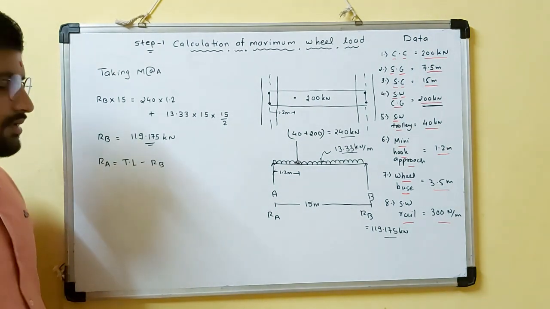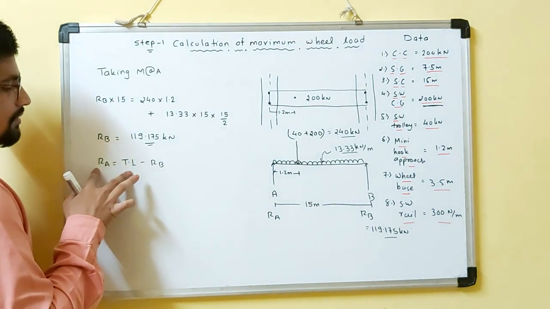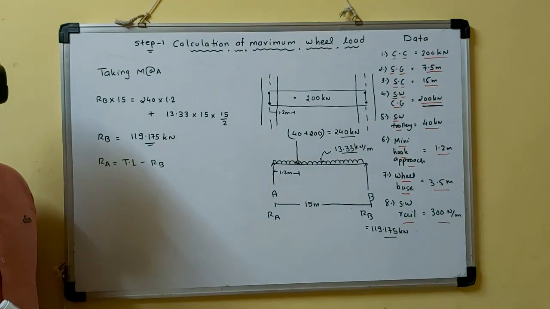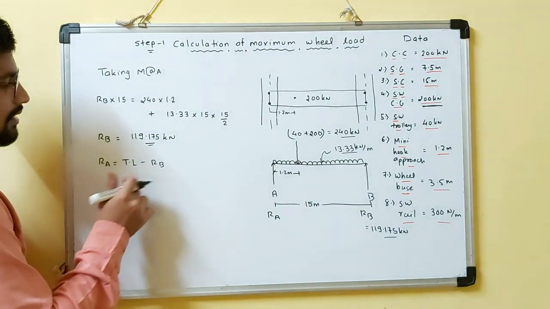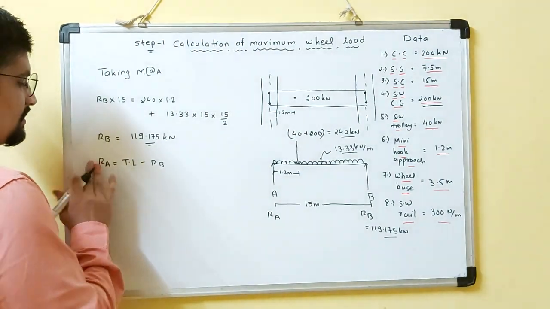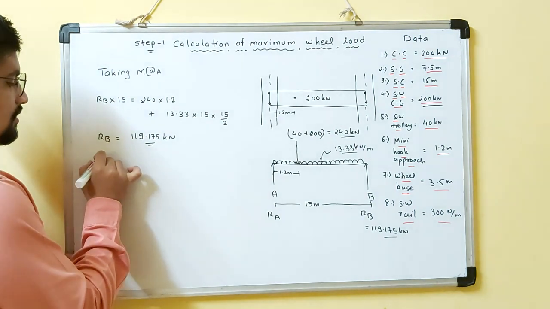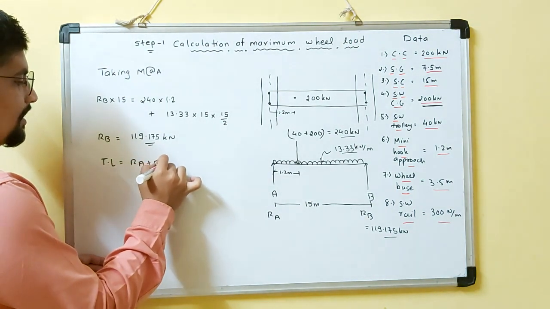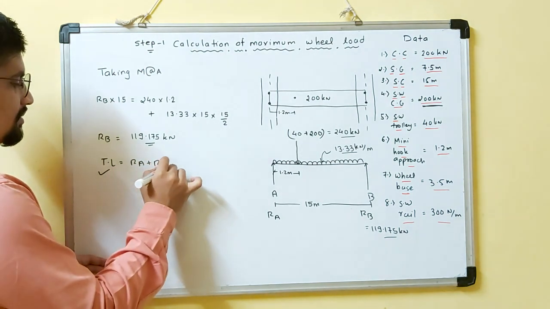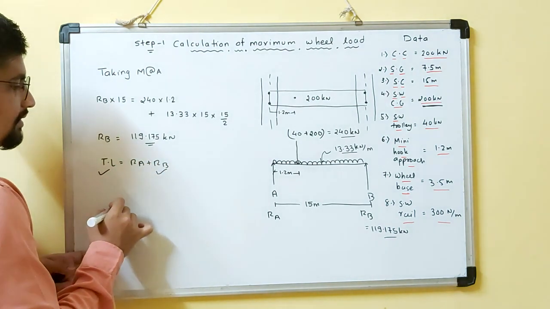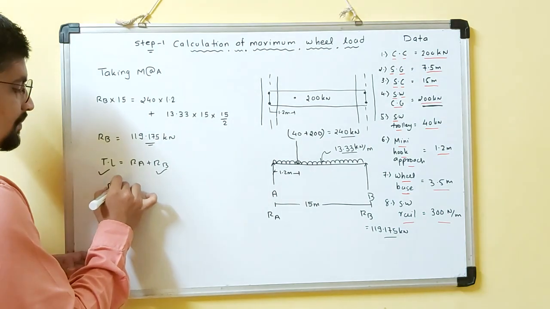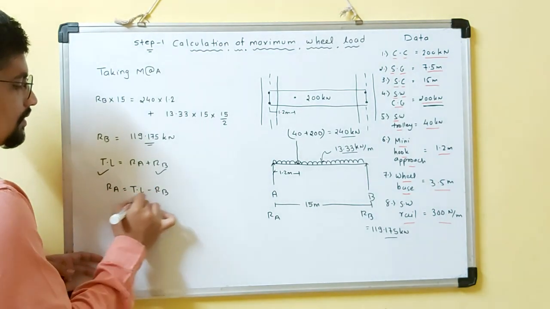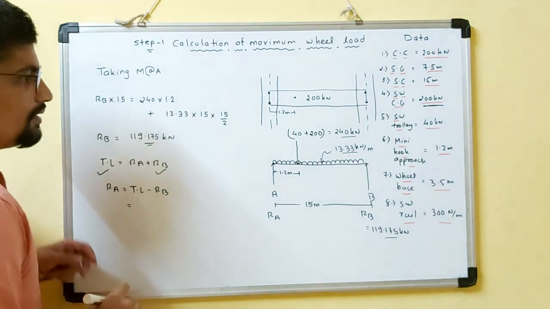So since we have the values of the total load and RB, we need to find the value of RA. So RA is equal to total load minus RB. So what is the total load?